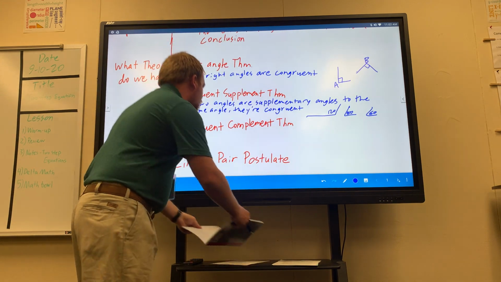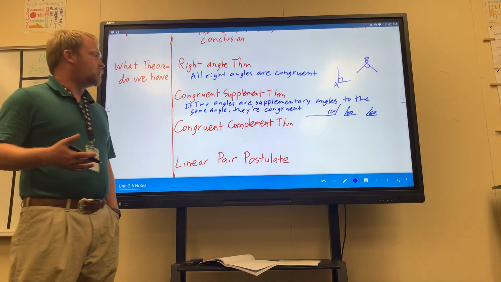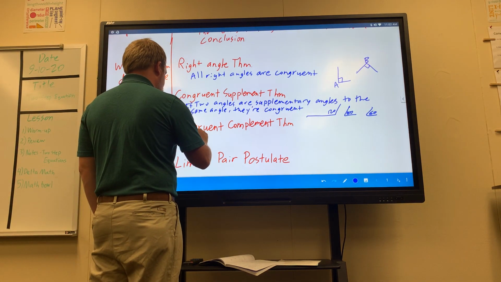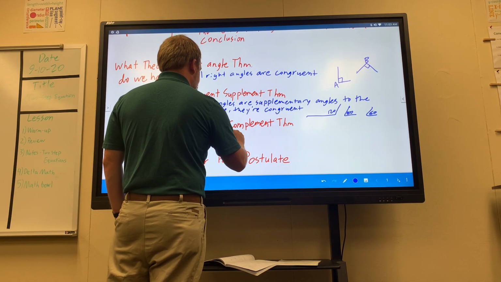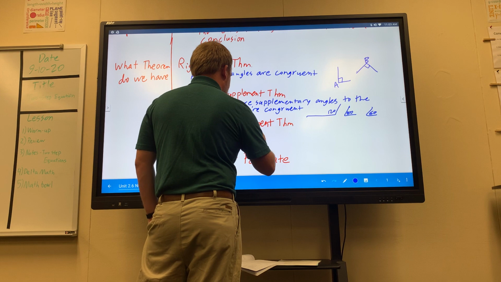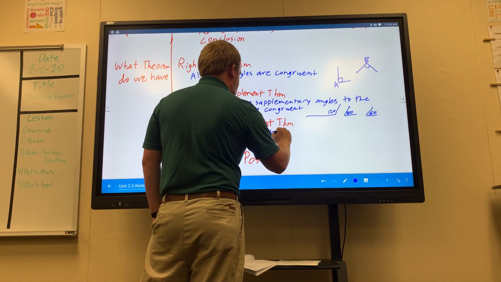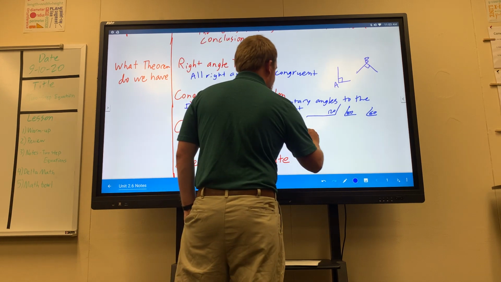Now, for the congruent complements theorem, it's the same thing as supplementary, but the only difference is that the two angles are complementary, which, if you remember, add up to 90 degrees.